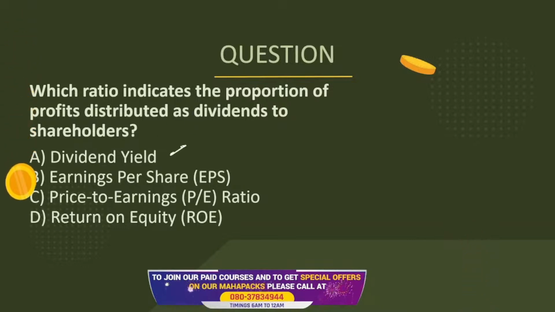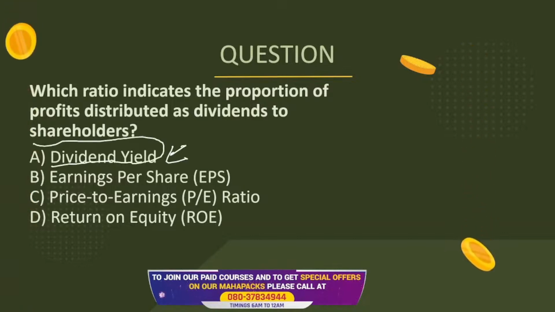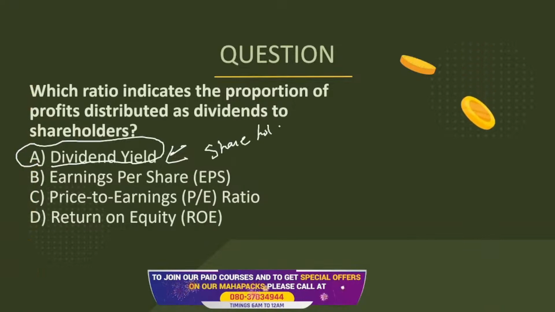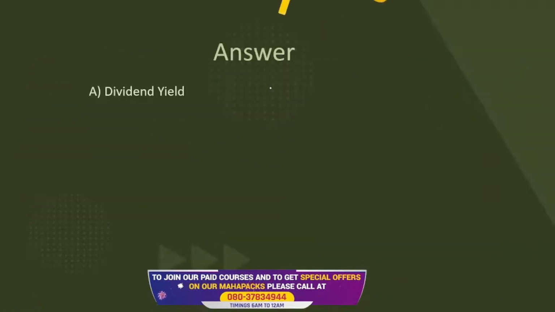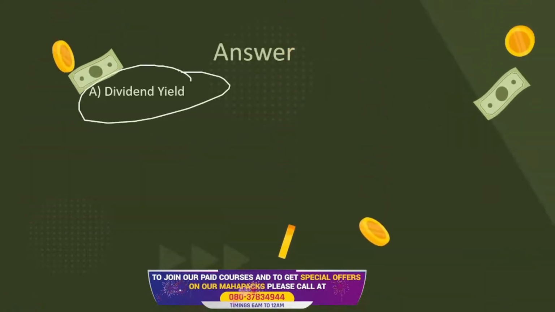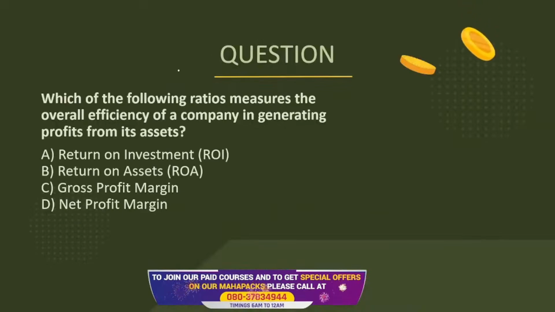So in this case, it is going to be the dividend yield. That dividend would be received by the shareholder. For a shareholder, this is income, isn't it? So in this case, the correct answer is going to be the dividend yield. Done?